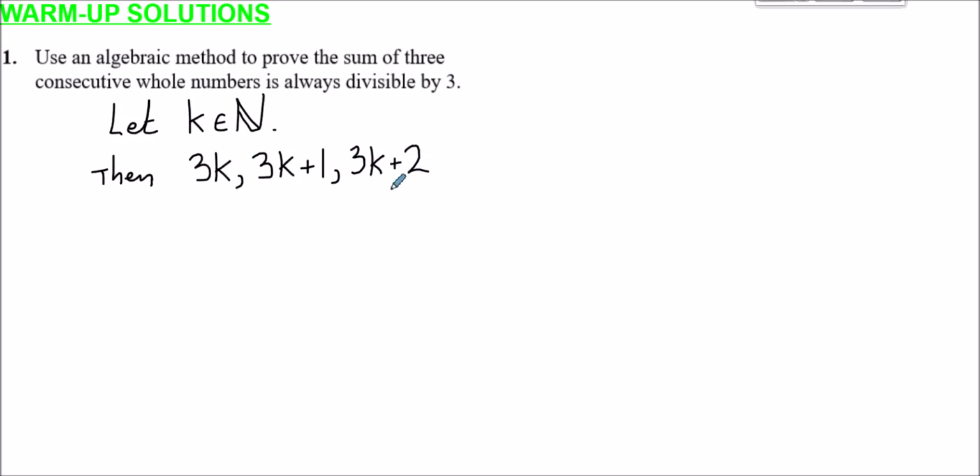And so by writing the first number as 3k, you can see that the next number along will be 3k plus 1, and the next one after that would be 3k plus 2. Then I'm going to just put in brackets, the next one will be 3k plus 3, which equals 3 lots of k plus 1 if we factorised out of 3.